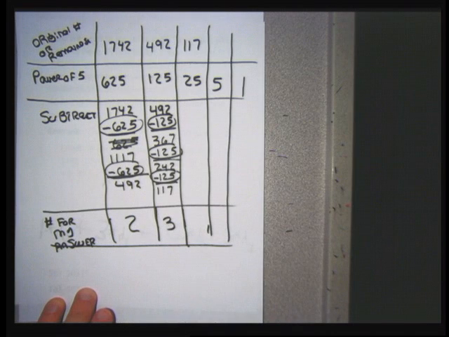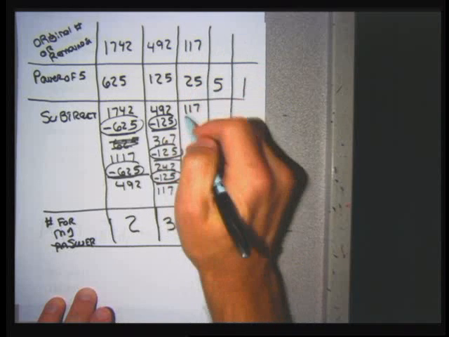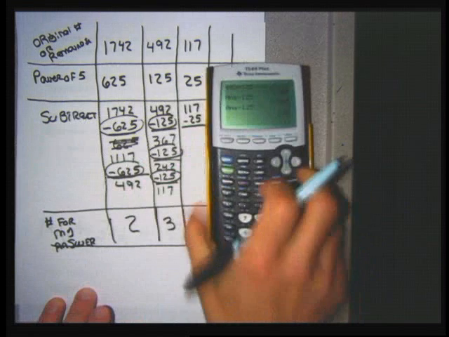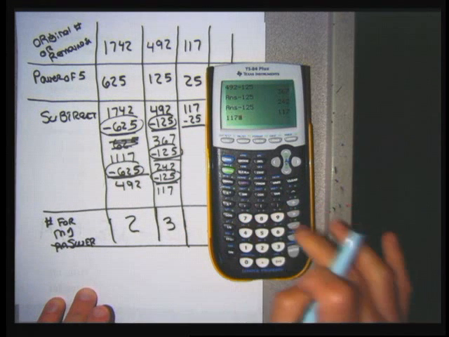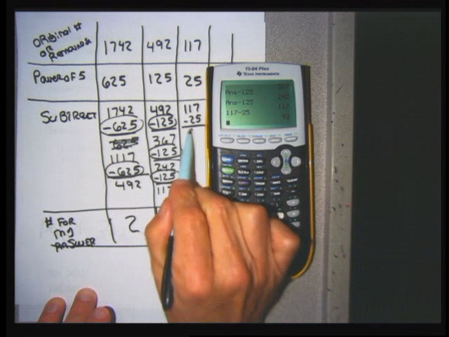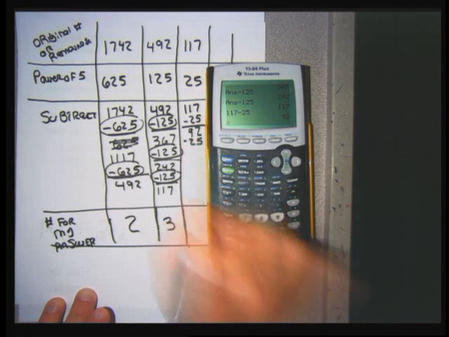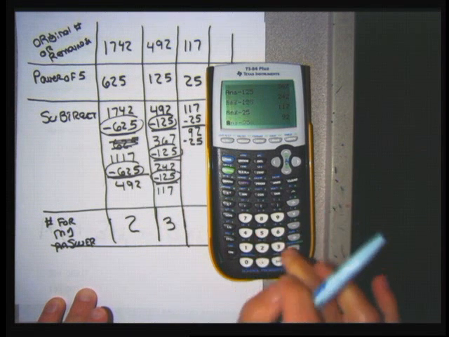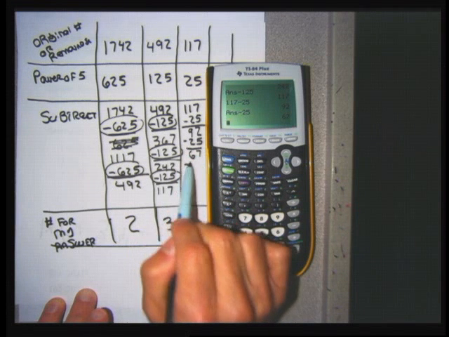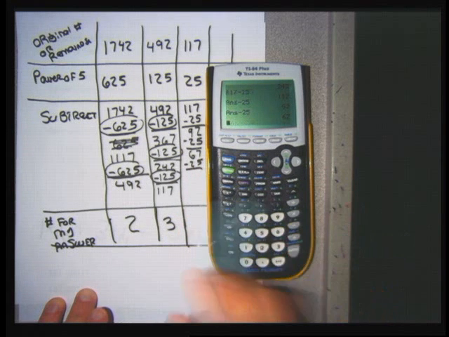Now I'm going to subtract again. So I'm going to go 117, the remainder, minus the next power of 5. Better leave myself a little more room because I need 4 of these. So I'm going to go 117 minus 25, and I'll get 92. Minus 25 equals 67. Minus 25 equals 42.